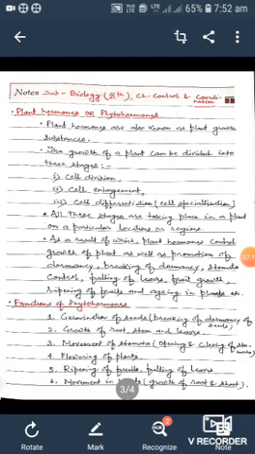Third is cell differentiation or cell specialization. As we know very well, the different works of the plants are done by their different parts or organs. So division of labor has been differentiated. This is known as cell differentiation.